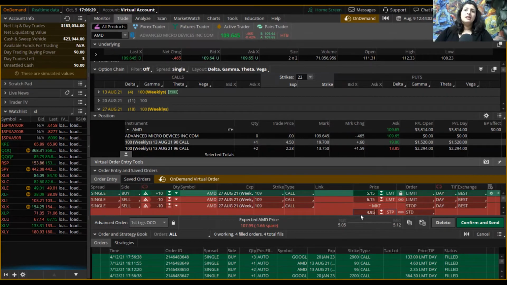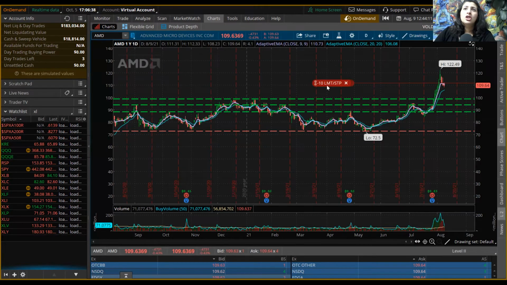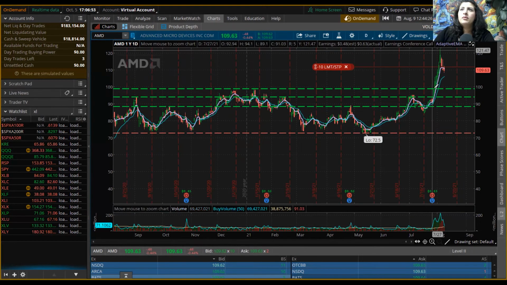So this is essentially what you would do. And then when we confirm it, it has filled us, and on the chart, you can see that I have these two triggers. They're on top of each other, but if I zoom in, you will see both of them.